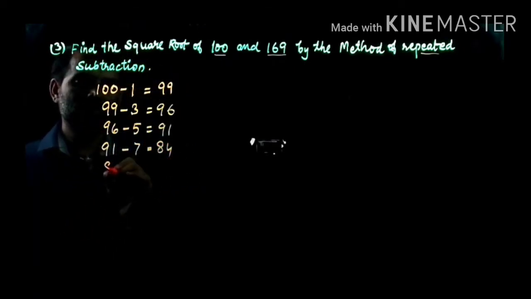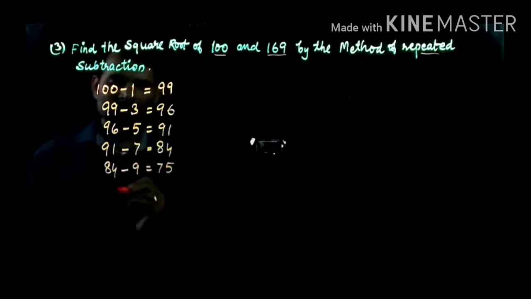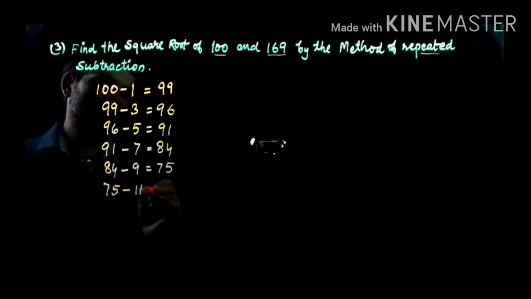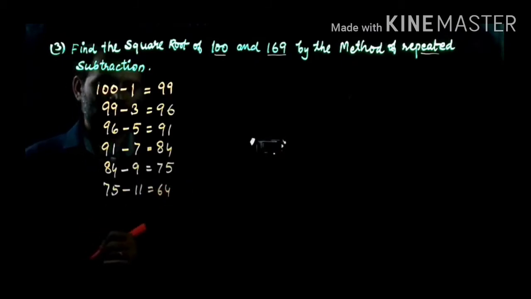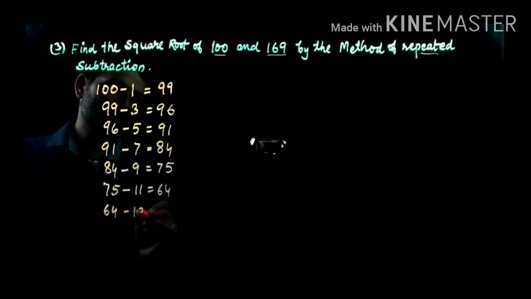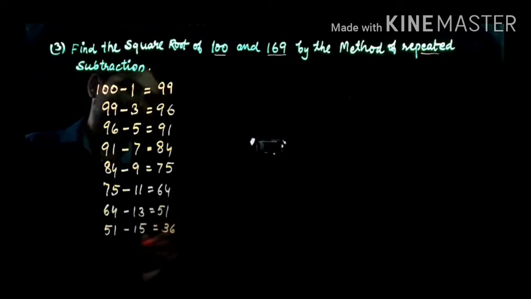Then 84 minus 9 is equal to 75. Now 75 minus 11 is equal to 64, and 64 minus 13 is equal to 51. 51 minus 15 is equal to 36.